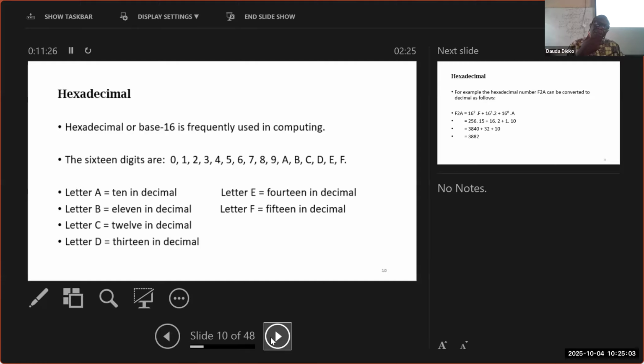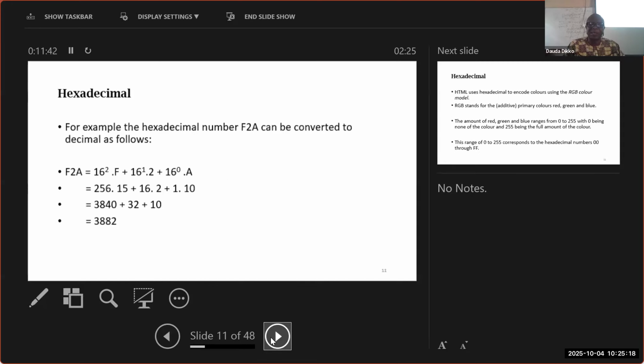Just like the conversion of the binary string to the decimal string, it is also possible to convert the hexadecimal string to the decimal string. Let's look at a typical example. The number F2A is hexadecimal because it contains both alphabets and numbers. That hexadecimal number, F2A, can be converted to decimal, which is base 10.